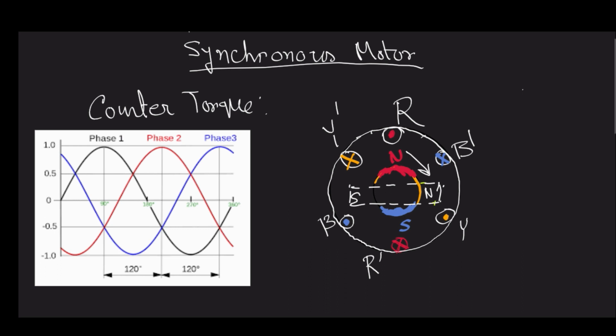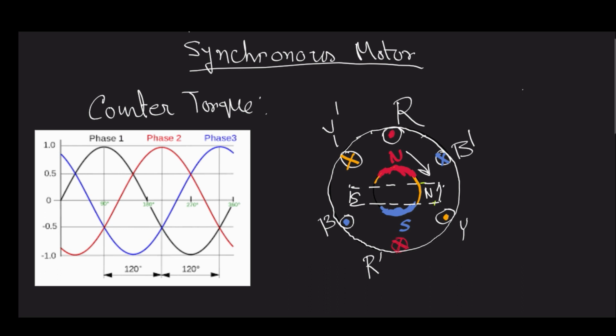Field rotation in clockwise direction indicates armature rotation in counterclockwise direction. They are relative, so you can get this kind of thing here.